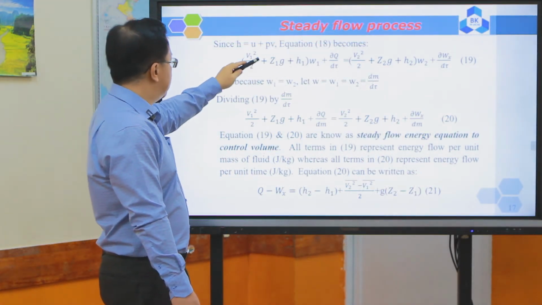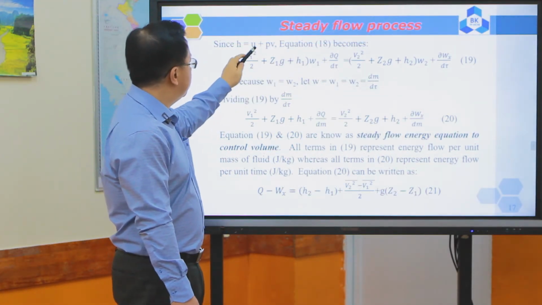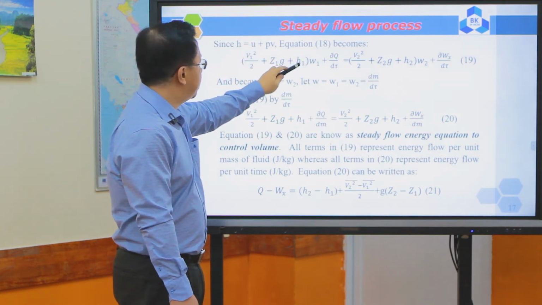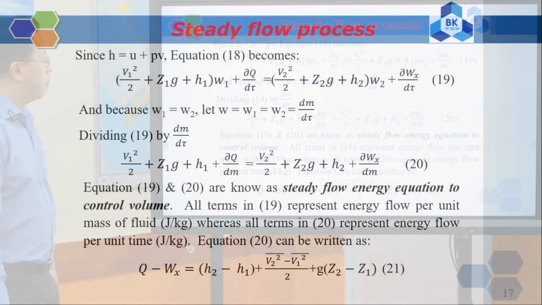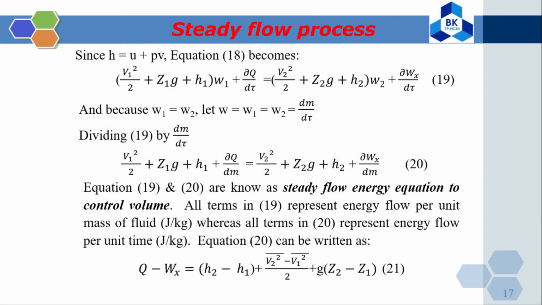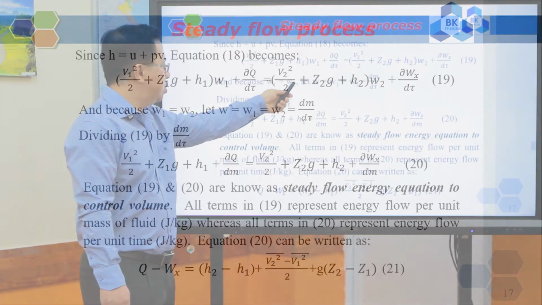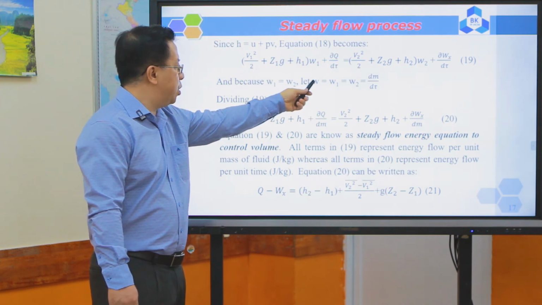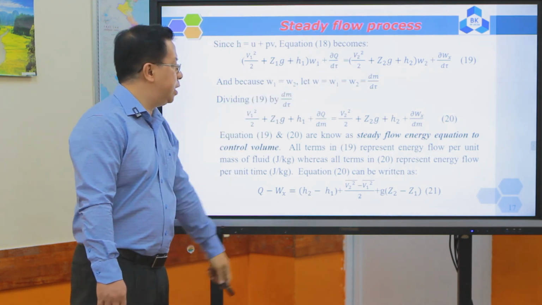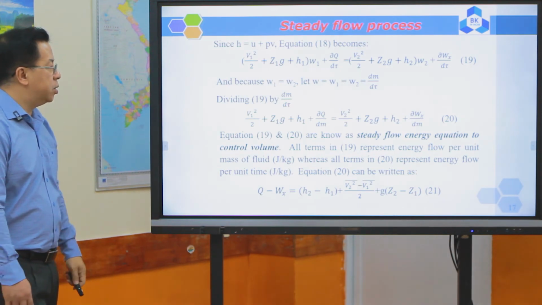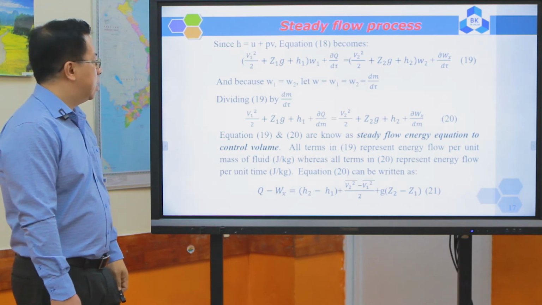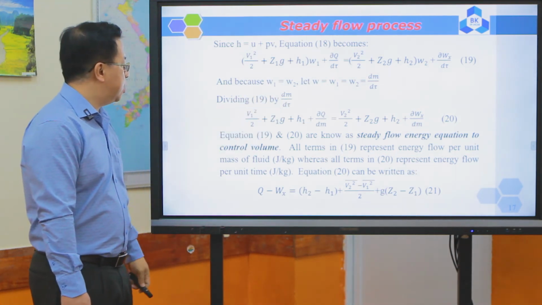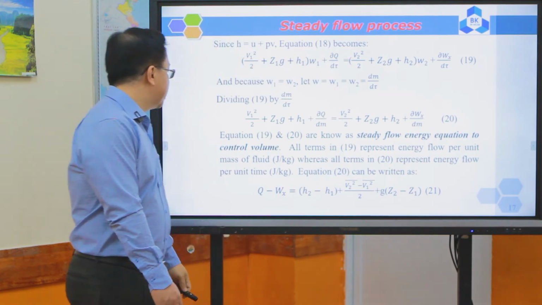You see it is the same, but because u plus Pv equals H, the formula can be written again in this form. And in the equation of continuity, we have W1 equal to W2, or we let W equal dm divided by d tau. Dividing equation 19 by dm over d tau, we get this formula.